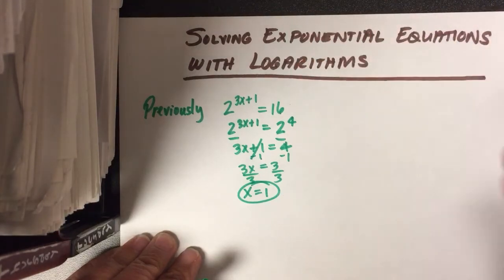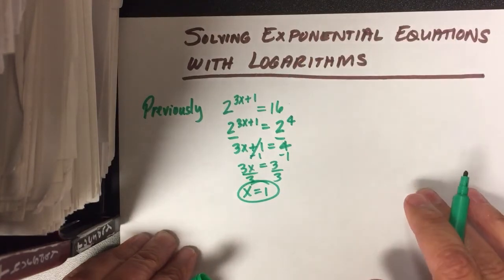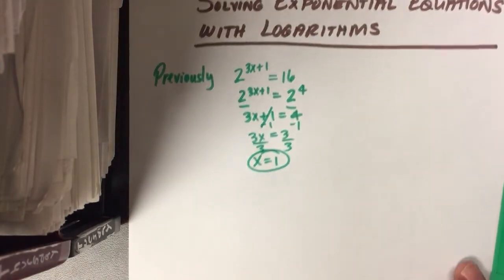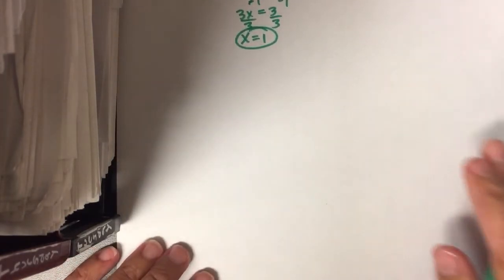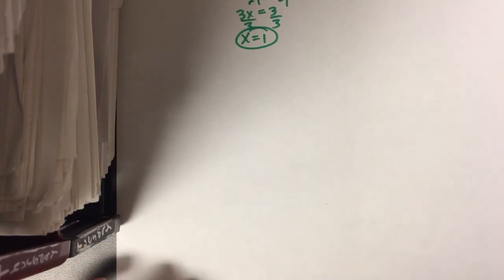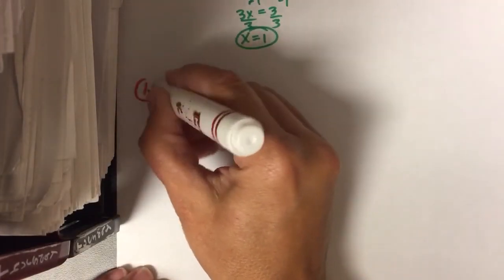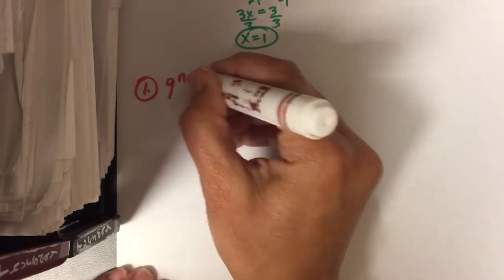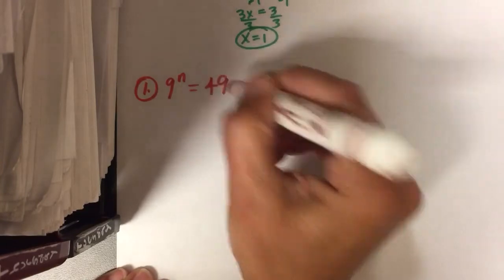But when you solve these exponential equations, you're not always going to have a common base. There's going to be times that we don't have a common base. So we're going to look at what happens when we don't. Let's look at example number 1, and that will be 9 to the n equals 49.